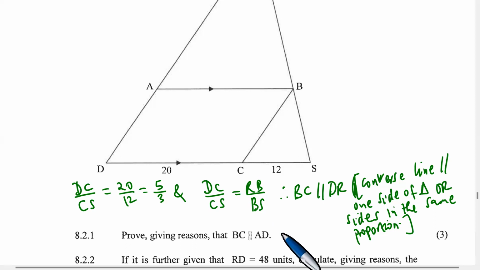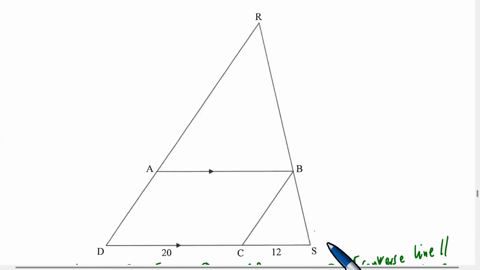And the conclusion, therefore, at this point is that BC is therefore parallel to AD, because these are line segments.